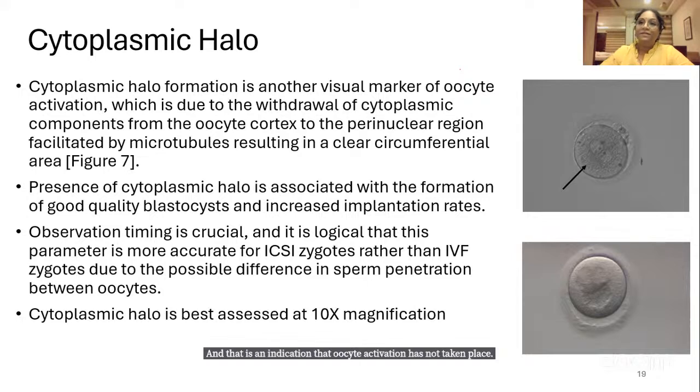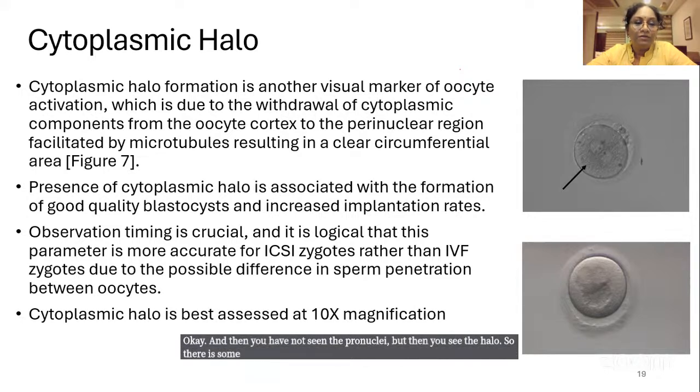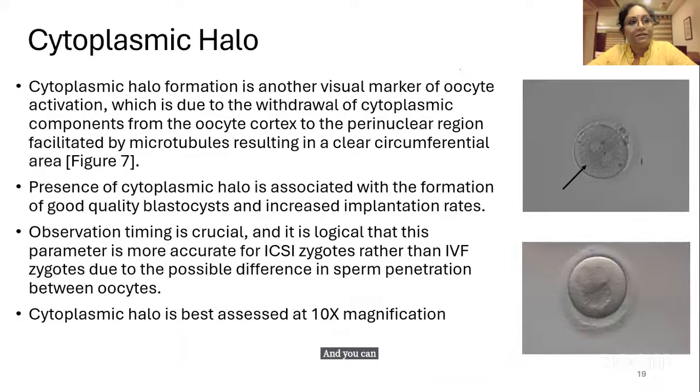Sometimes, if you're doing the FERT check a bit late and you have not seen the pronuclei but you see the halo, there is some indication that oocyte activation has taken place, and you can do a recheck around 25 to 27 hours and see if the first cleavage happens.